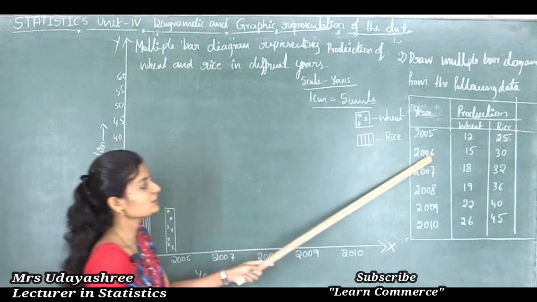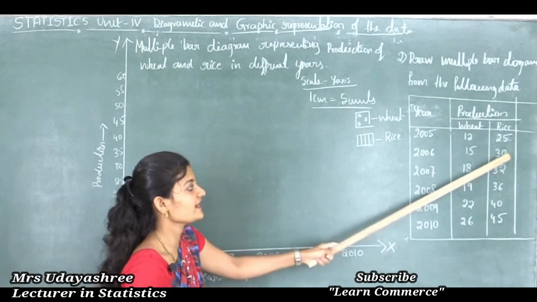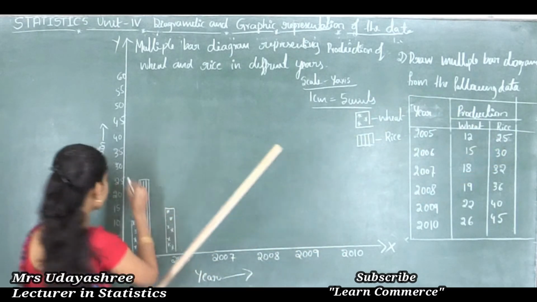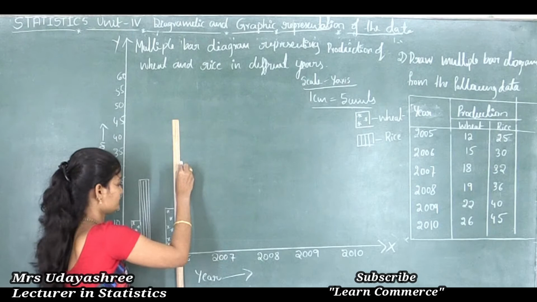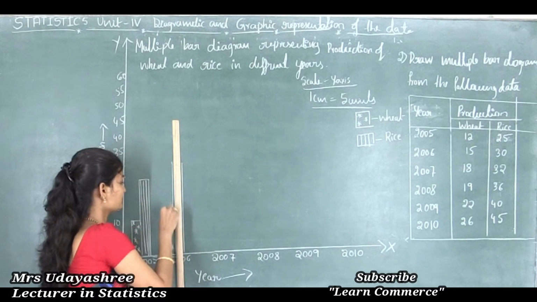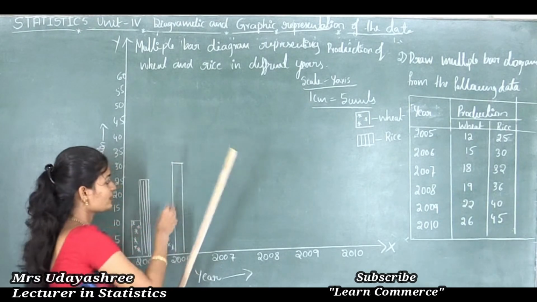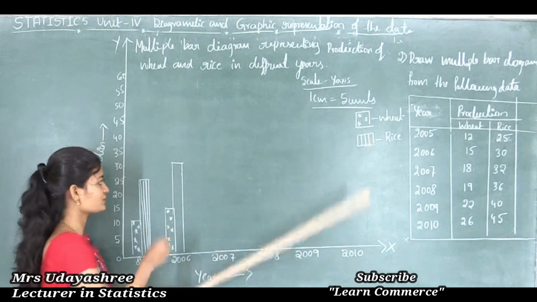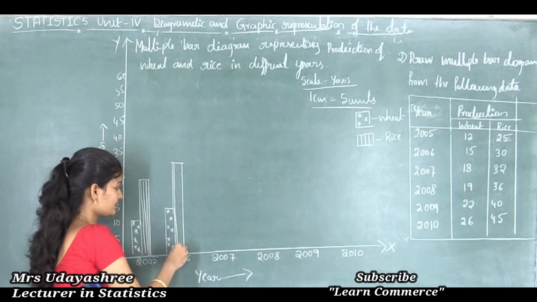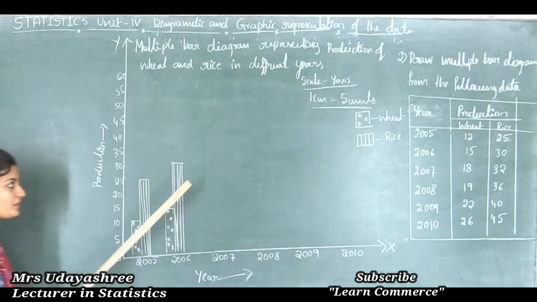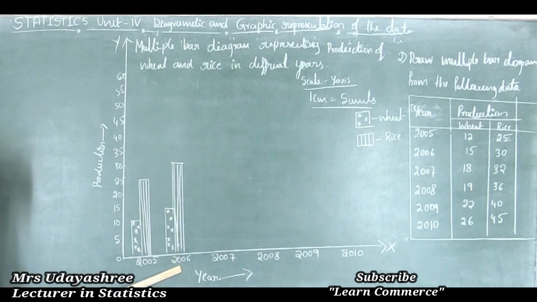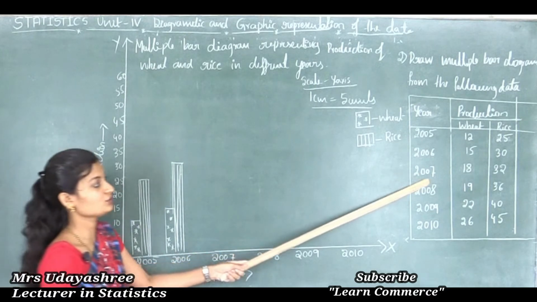Next, in the year 2006, the production of rice was 30 ton. So 30 is here, and we need to draw one bar like this. This bar indicates rice observation, the rice indication is like this, and this bar indicates the production of rice in the year 2006. Next, move to the year 2007.